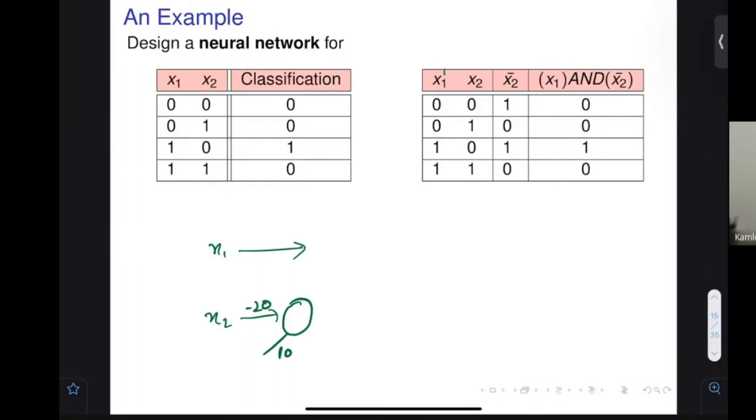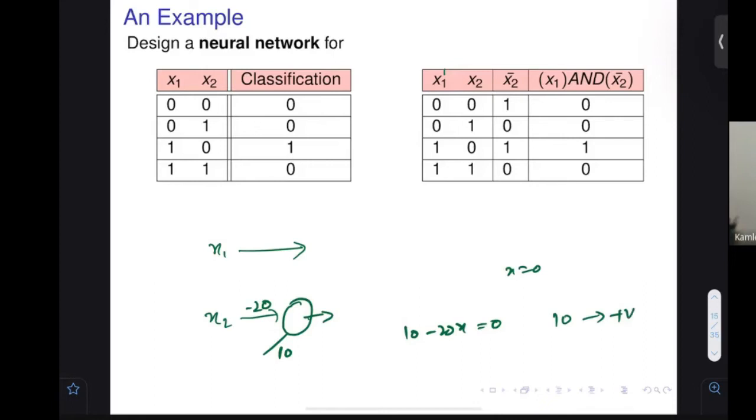When x is 0, the equation is 10 minus 20x. When x is equal to 0, this equation becomes 10.